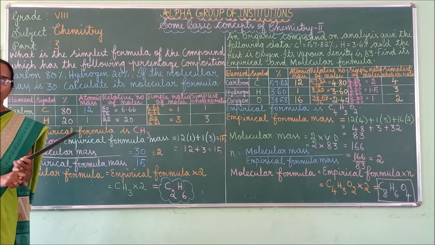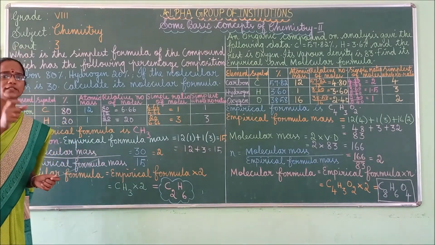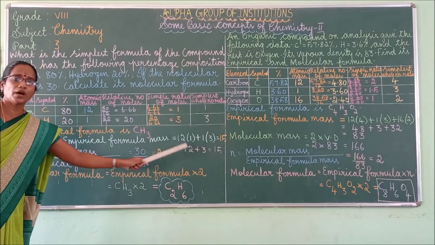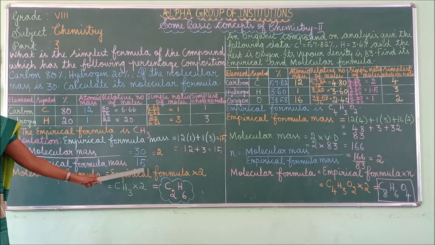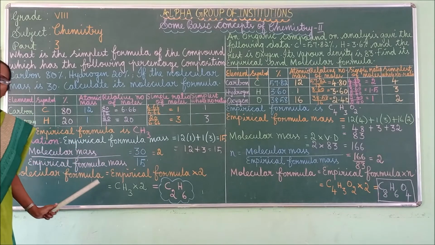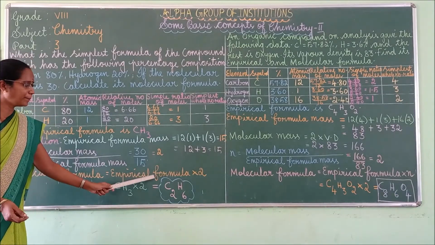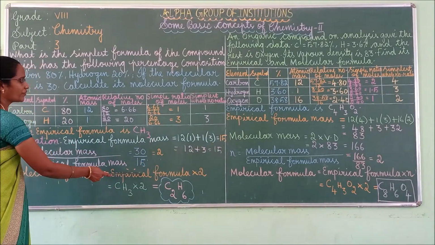You know the empirical formula. You know the n value. By using this, we are going to calculate the molecular formula, right? So the next step is molecular formula is equal to empirical formula into 2. Okay, so this is the formula we have to use to calculate the molecular formula. What is the empirical formula?